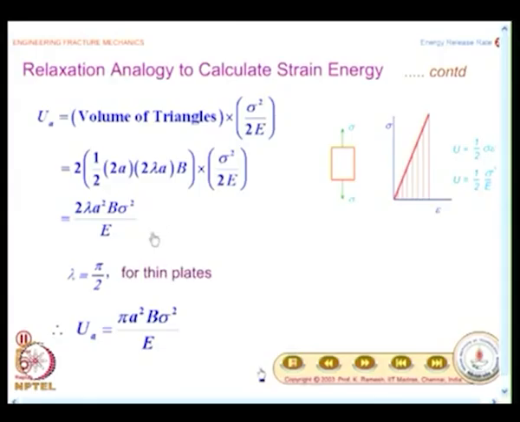We have said for thin plates take lambda equal to pi by 2. So, this absolves whether you take a triangle, a parabola, or a complicated shape. The idea here is that the region near the crack has released some part of the strain energy for the formation of two new crack surfaces.